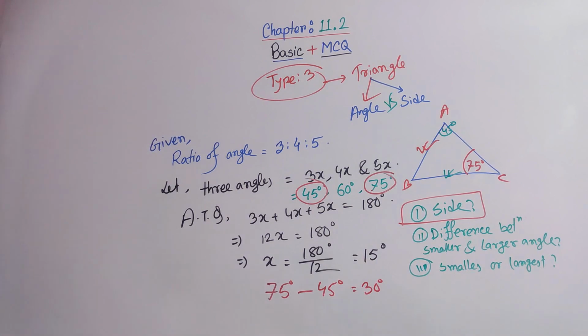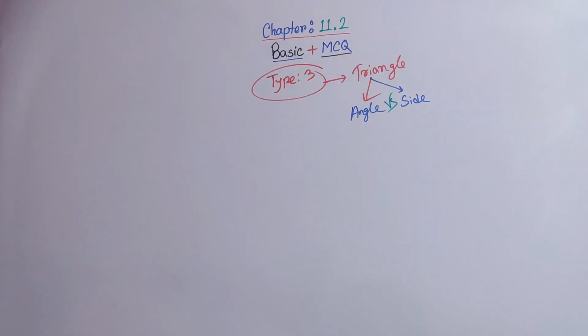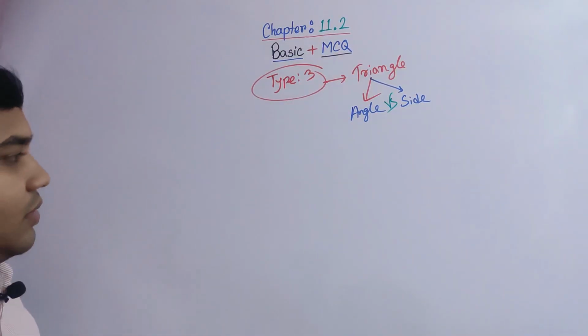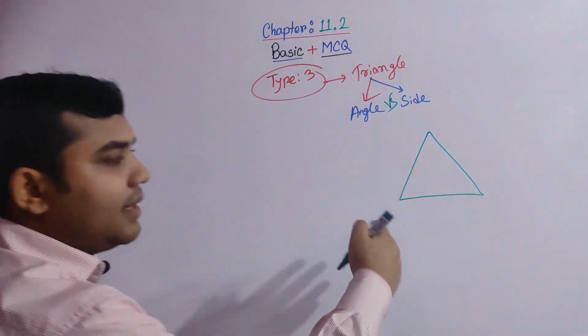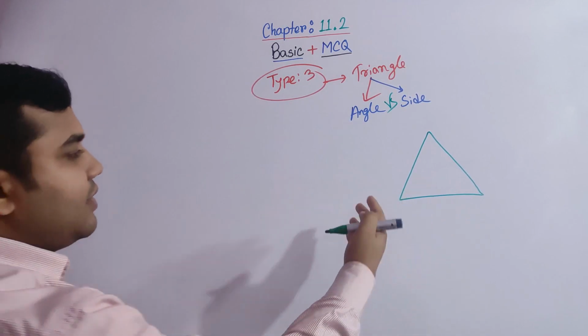Okay. Next, students, we are trying to focus on the second part, the side part. Say for example, that's our triangle, and in this triangle there are three sides. We can understand very easily.